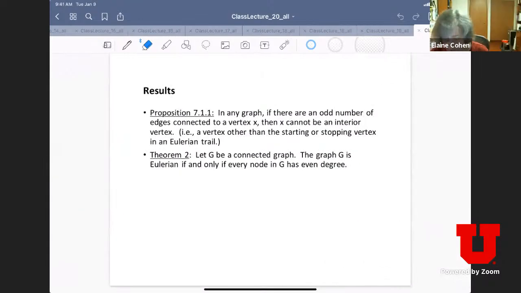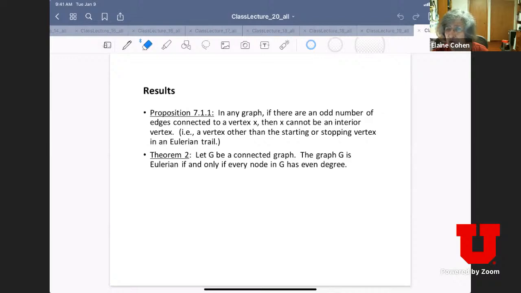So these are biggies right here. We have proposition 7.11. In any graph, if there are an odd number of edges connected to a vertex X, then X cannot be an interior vertex. That means a vertex other than a starting or stopping vertex in an Eulerian trail. What's an Eulerian trail?